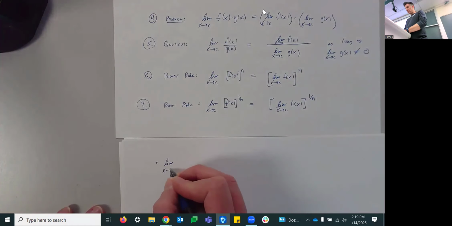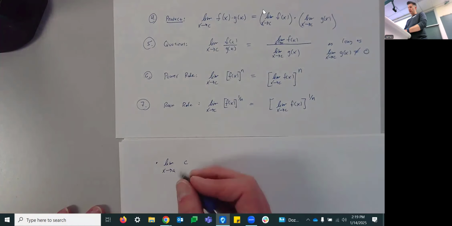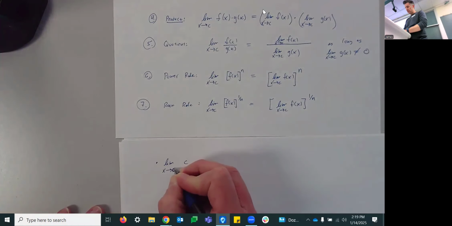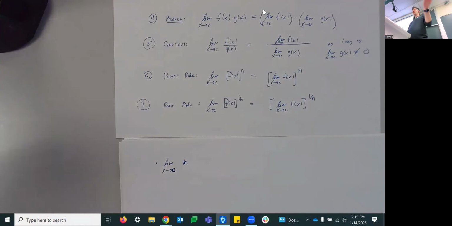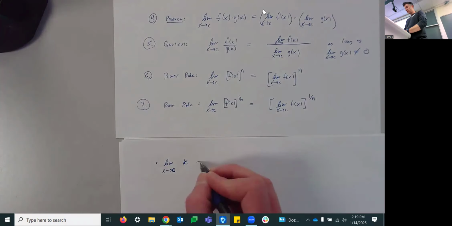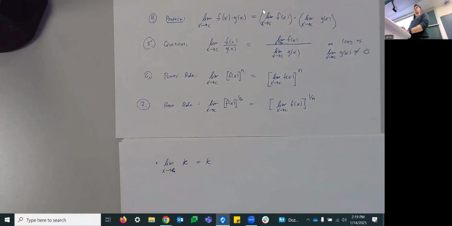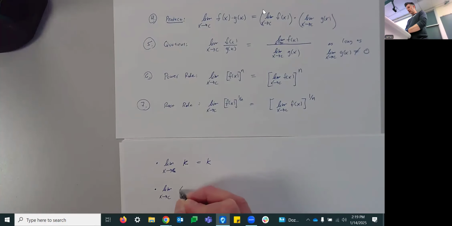The limit as x approaches c of a constant k. We already kind of talked about this. The limit of a constant is always going to be the constant. And then the limit as x approaches c of just x.